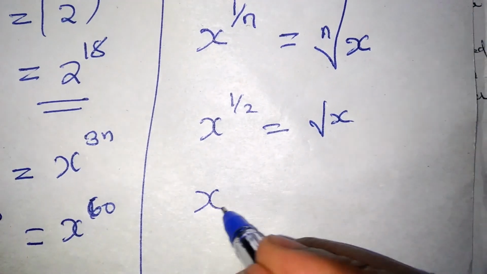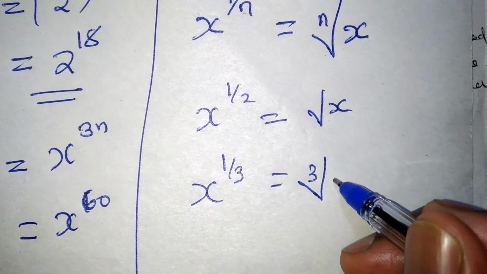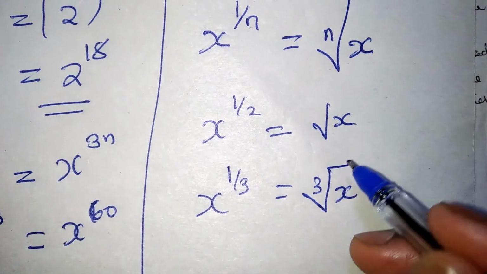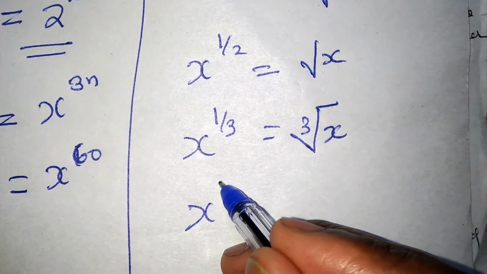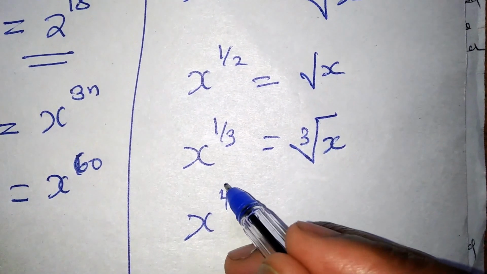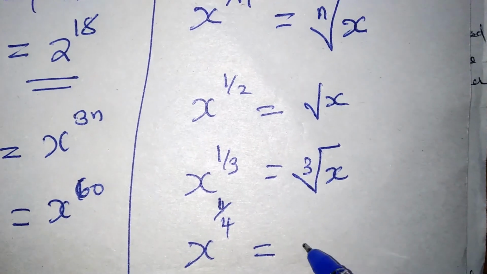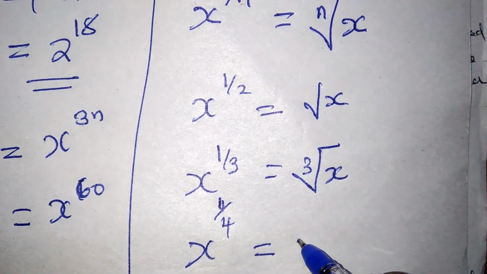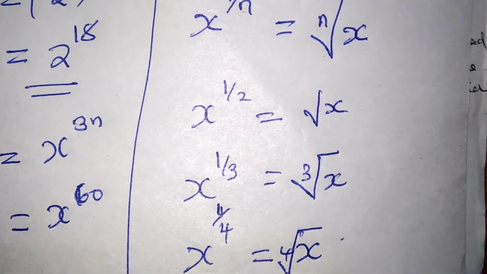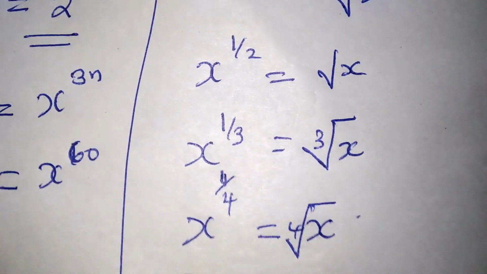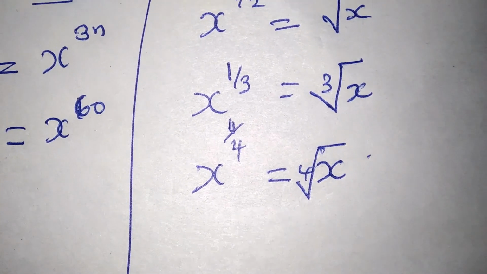If I have x raised to a third, it becomes the cube root of x. If I have x raised to 1 over 4, what I end up with is the fourth root of x, and it goes on and on and on.